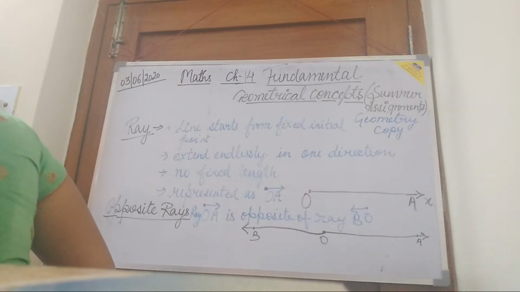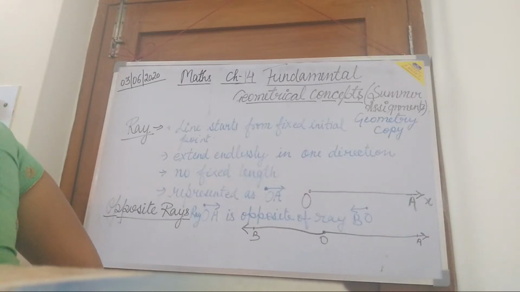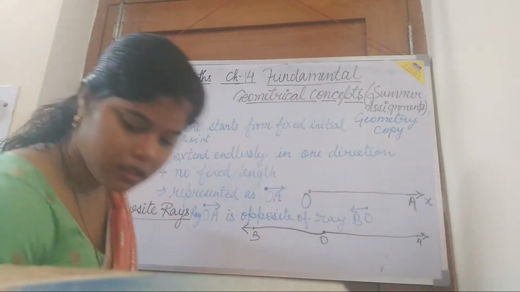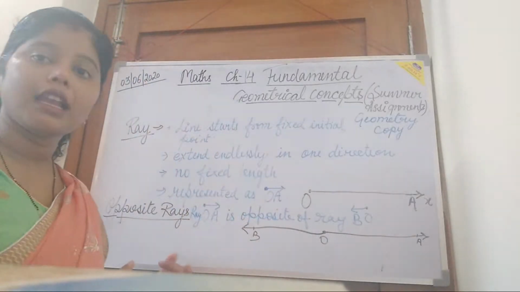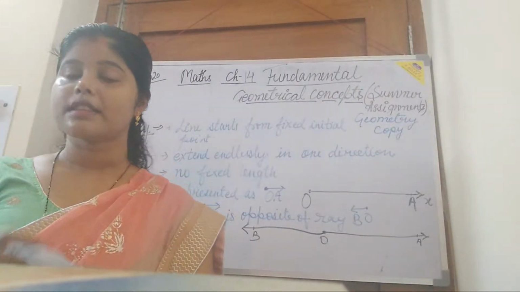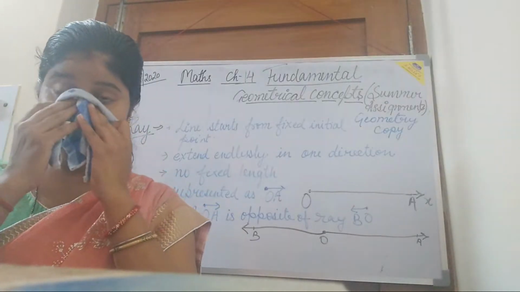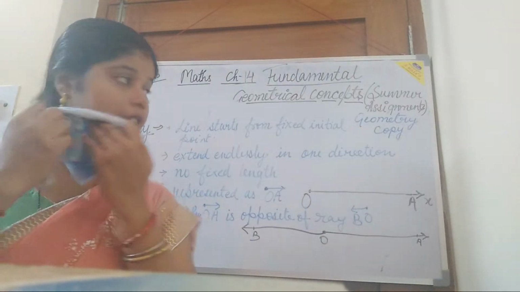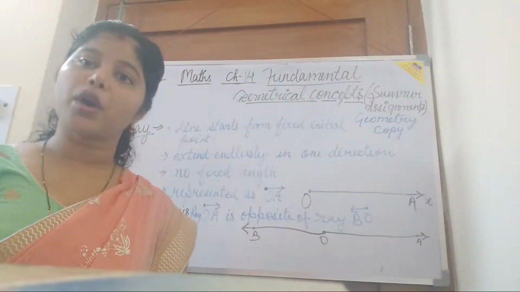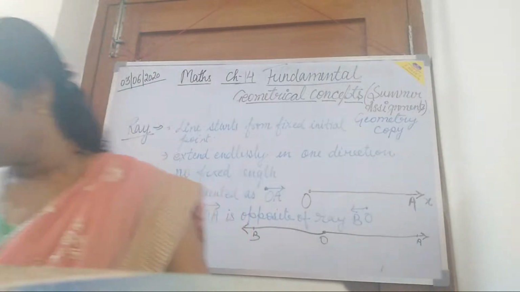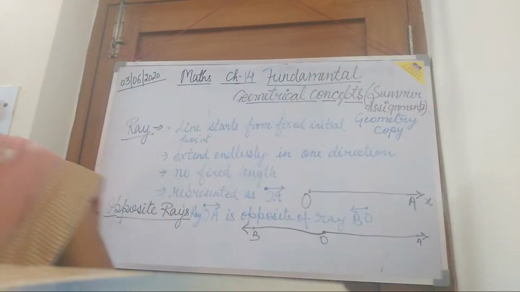So we have discussed the point, line, plane, line segment, ray and opposite rays. That's all for today. Tomorrow we will discuss whatever is left in this chapter.